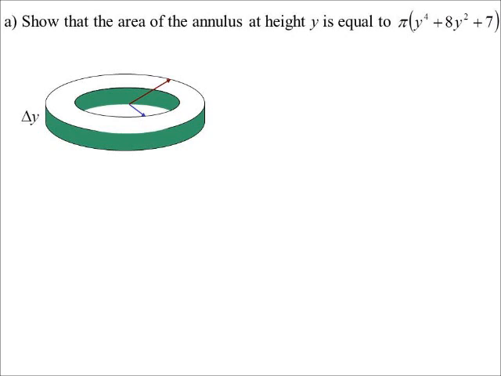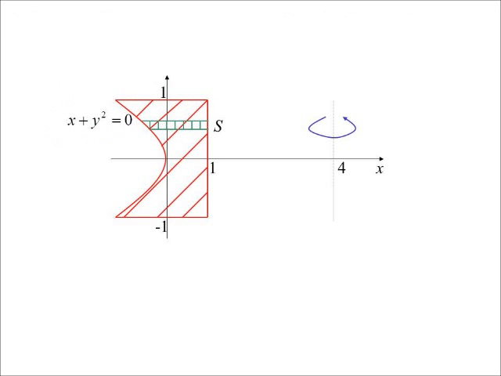The inside radius I've called little r, and the outside radius I've called big R. Let's go and work out what they are, though, in terms of y. So we're back to this diagram. And this is why a diagram's good, because remember, I'm not going around 1, I'm going around 4. So my radius would start at 4.